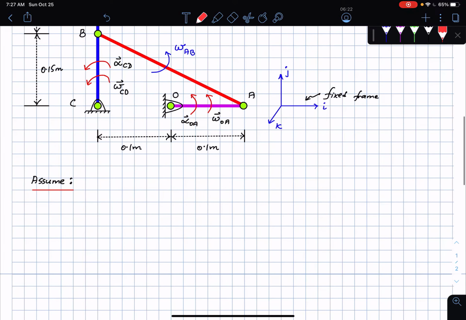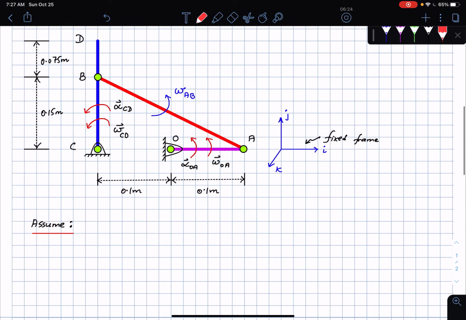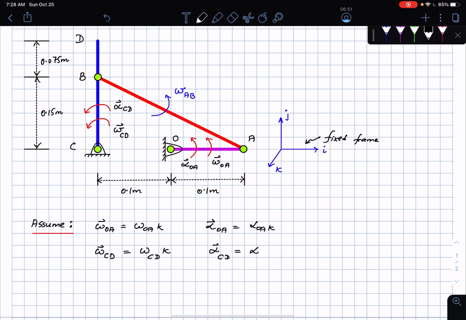Okay, so here I'm assuming omega OA is omega OA in the K, then alpha OA is alpha OA K, omega CD is omega CD in the K direction, and then alpha CD is alpha CD in the K direction.